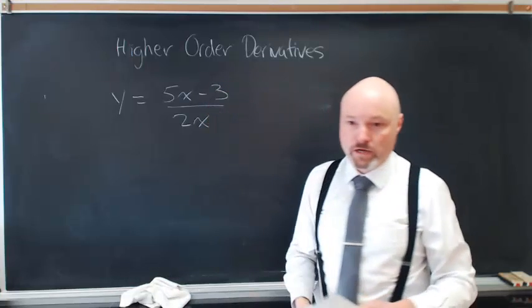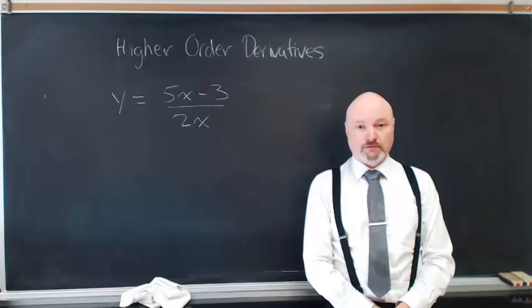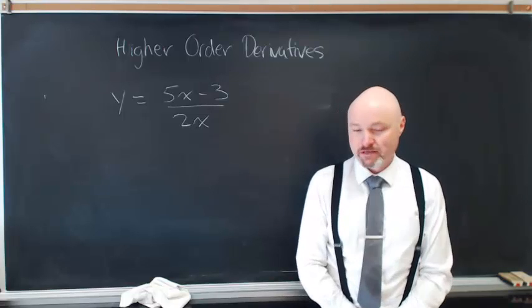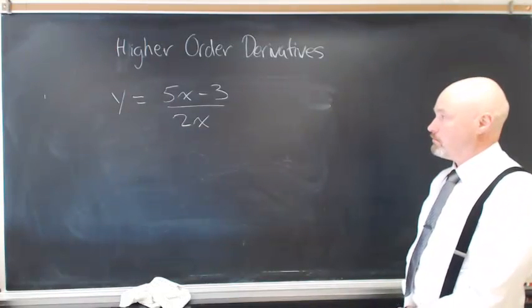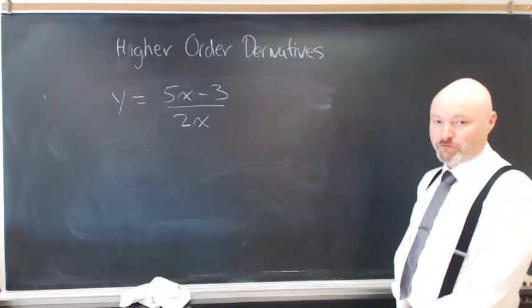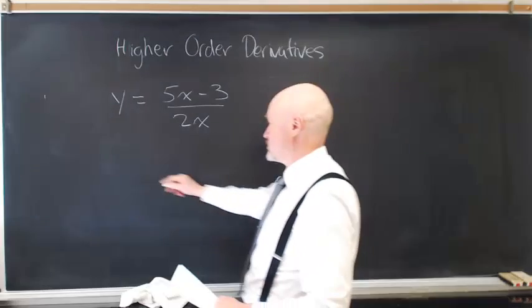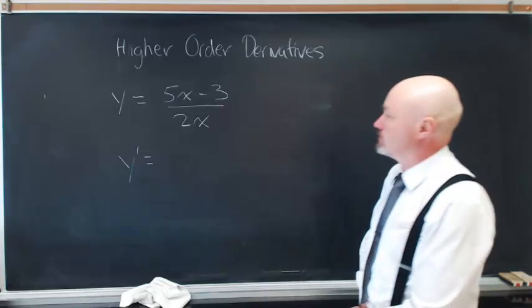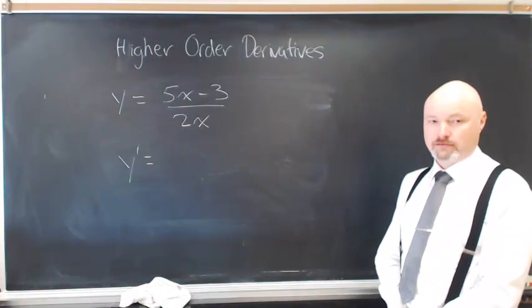So, hey, gang, what rule do we use? Quotient rule, yes. So, bottom times the derivative of the top minus the top times the derivative of the bottom, all over the bottom squared. Derivative of the bottom first, right?